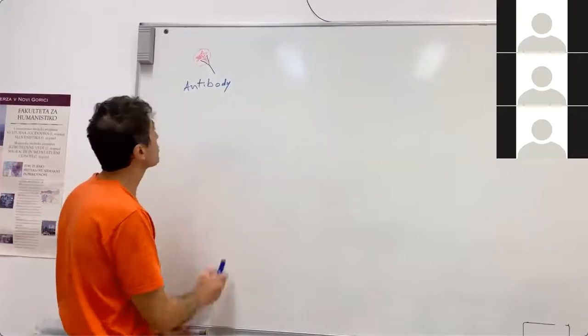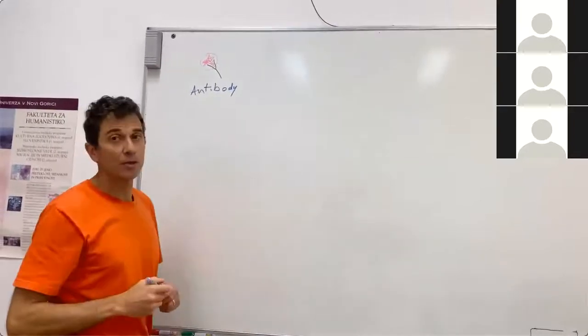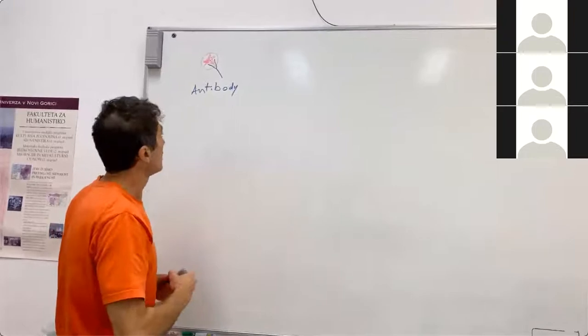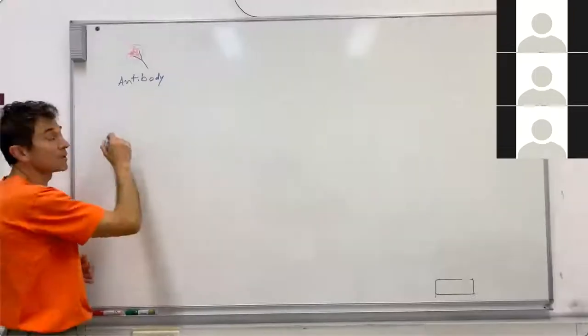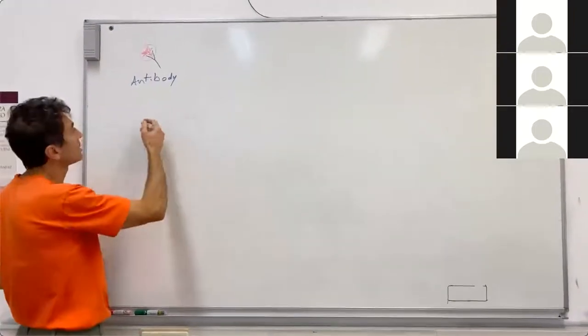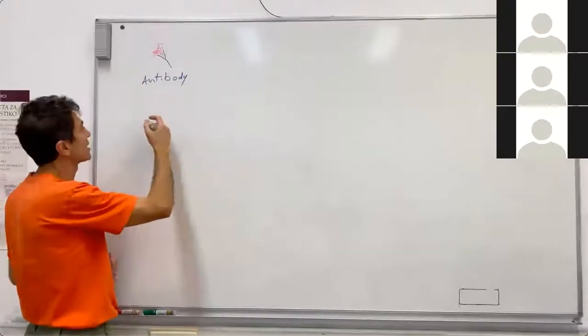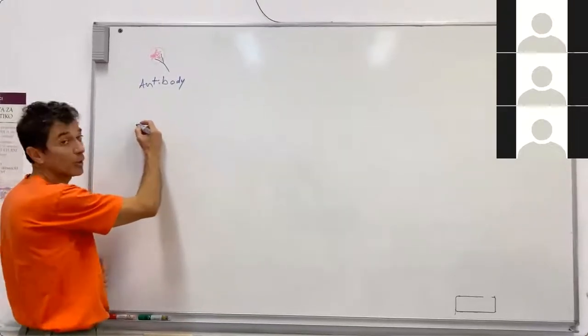Now, what is the problem with the conventional antibodies? It is a large molecule. So an antibody is as large as I draw it now.